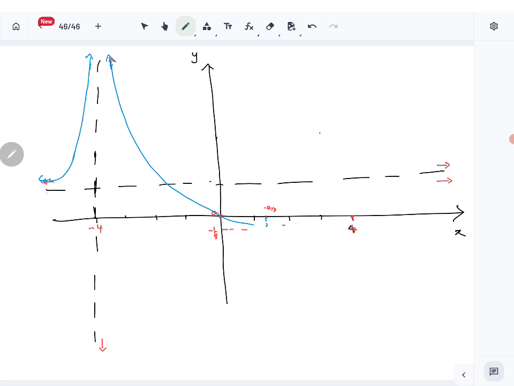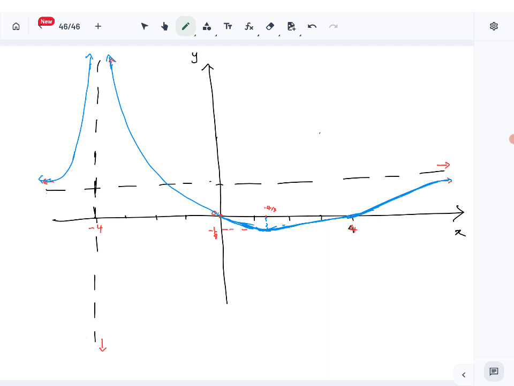So our minimum point, and it crosses at 4, and comes towards that asymptote. So that's the shape of the curve.